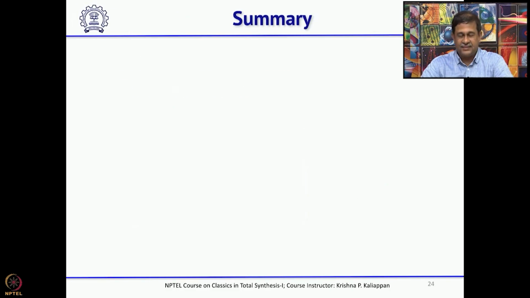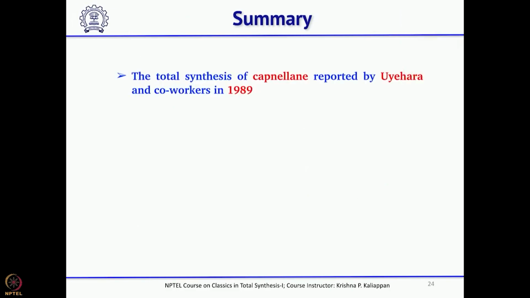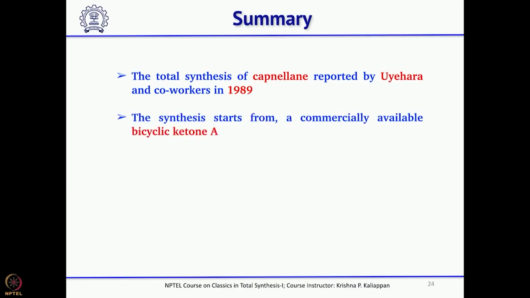So to summarize, if you look at the total synthesis of capnellene by Uehara and Yoshinari Yamamoto, they started with a simple commercially available starting material, that is metacresol methyl ether. They did Birch reduction, conjugation, and Diels-Alder reaction to get the bicyclic 2,2,2 octenone.